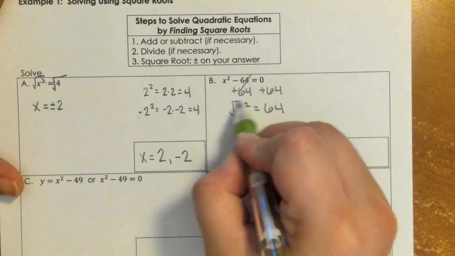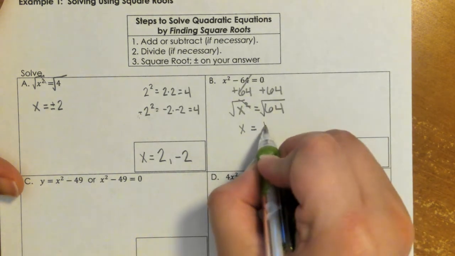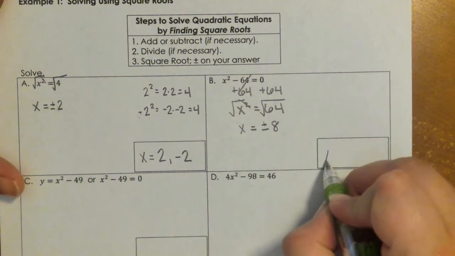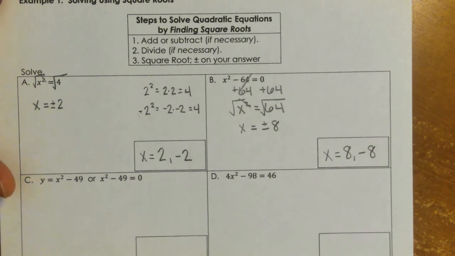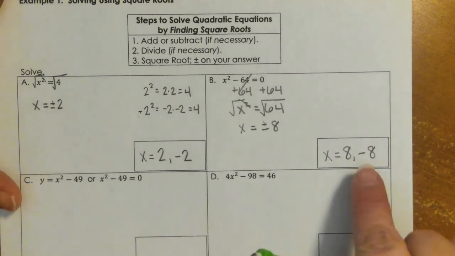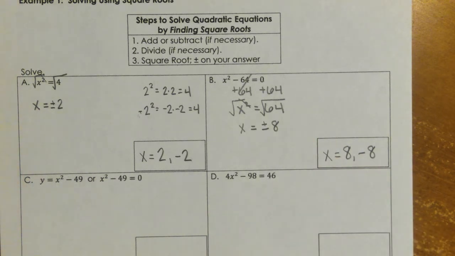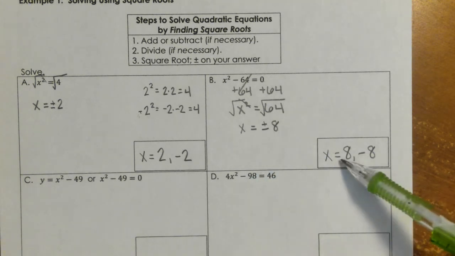So I take the square root of both sides, and we get plus or minus 8. So x would be 8 or negative 8. So you can actually write your answer either way. Okay, but in the computer system that we're using for It's Learning, I haven't figured out a way to use this symbol in there. So we're going to write out 8 and negative 8.